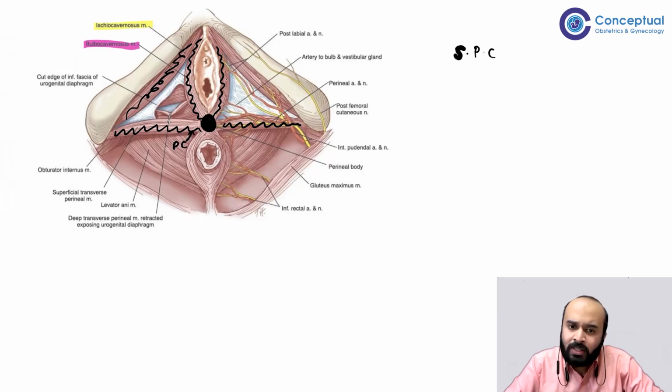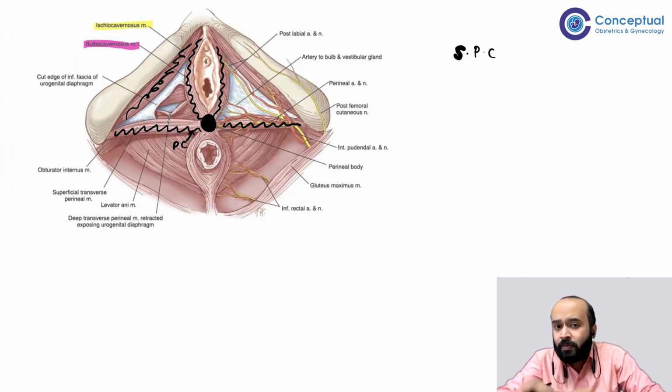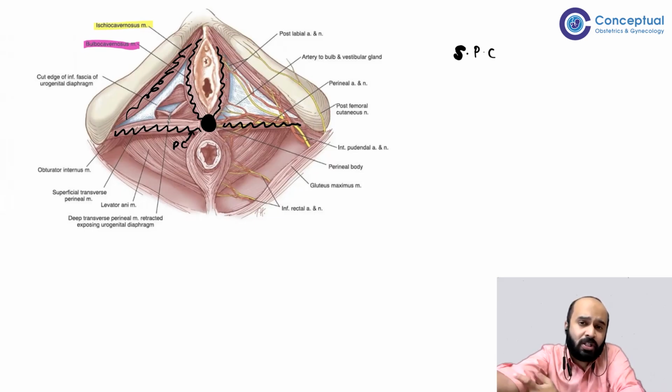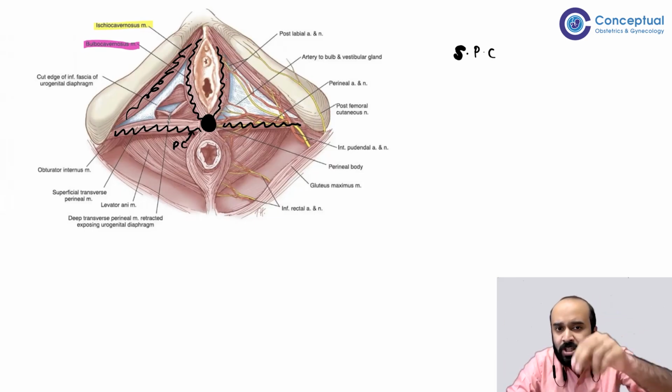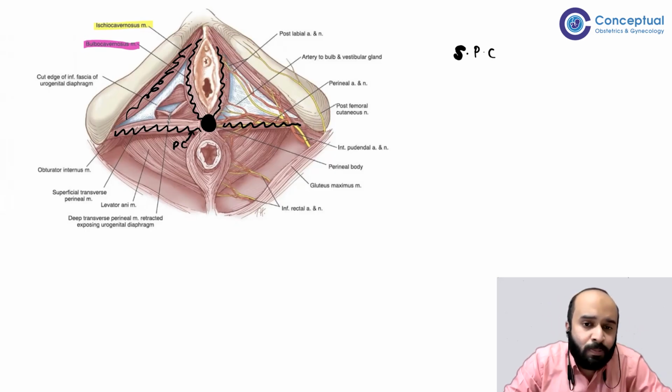So this perineal body is very important. Whenever you're examining a patient with pelvic organ prolapse, you often just pinch the part near the posterior fourchette, and if it is very thin, then you can say that this female is going to require reconstruction of this perineal body. So the perineal body is very important.